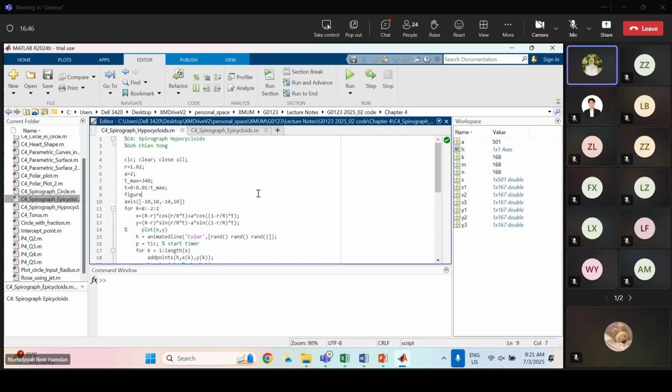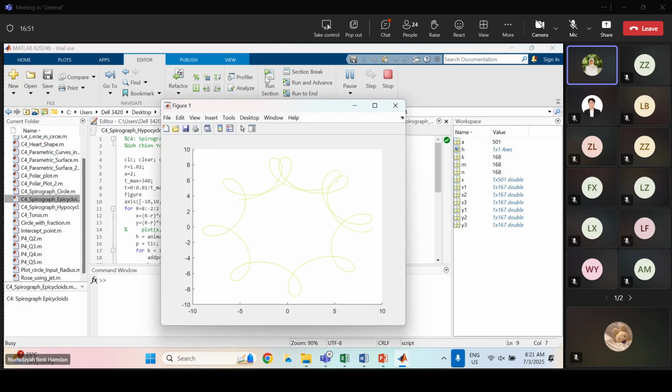So this is the hypocycloid that we created before. You can use this one.